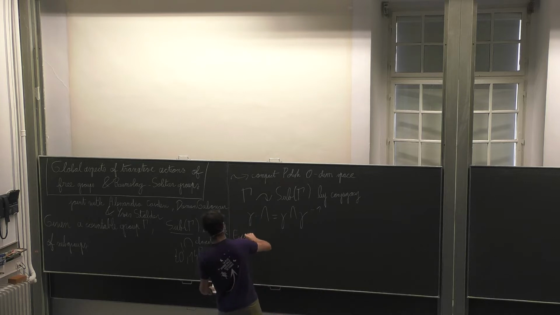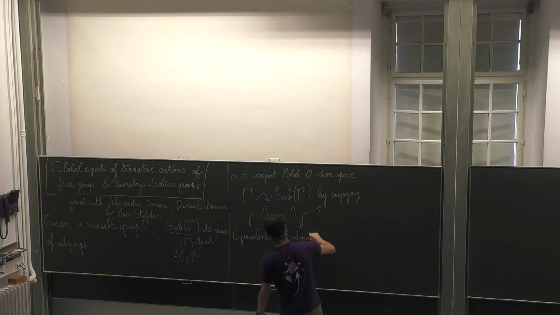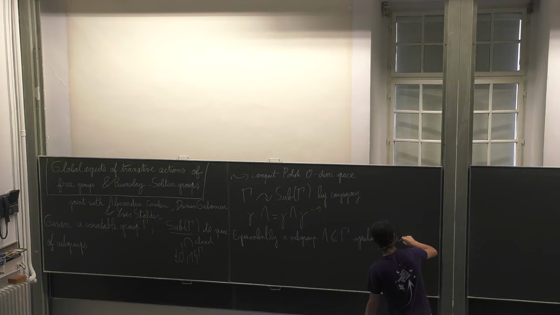Equivalently, when I have a subgroup of my favorite group gamma, from this I get what I will call a rooted transitive action.